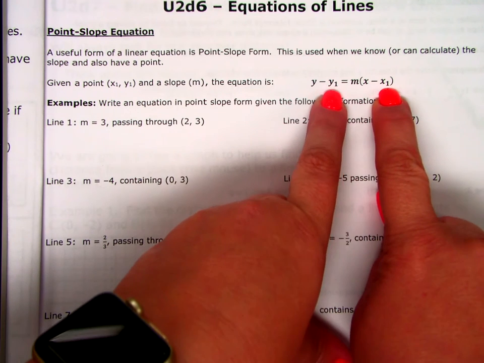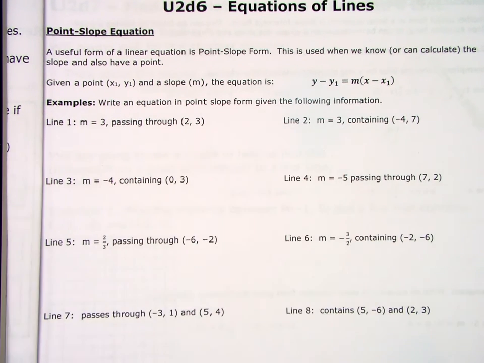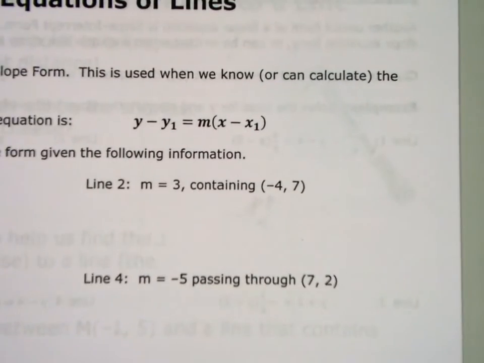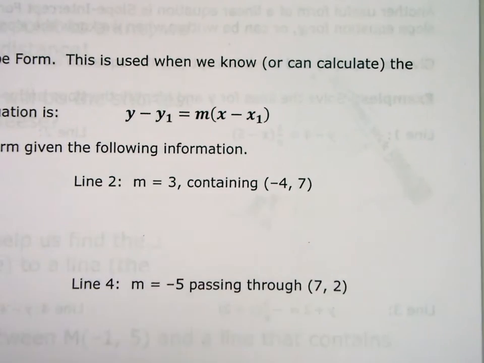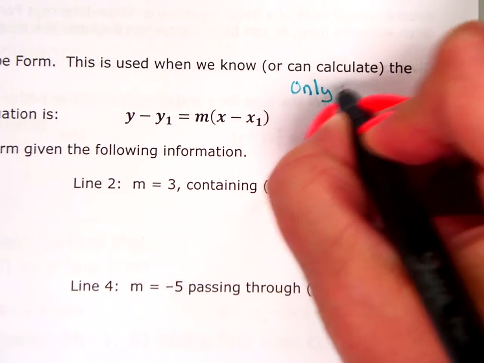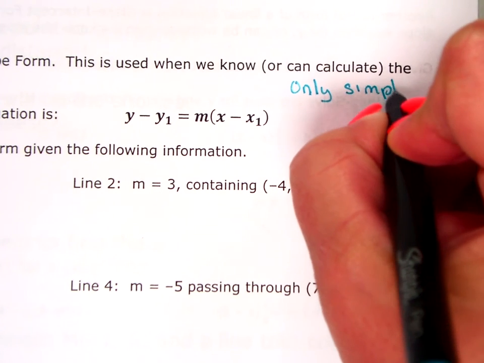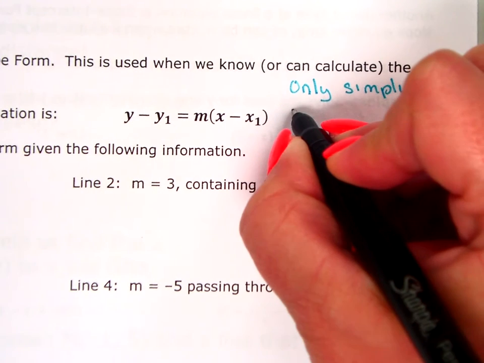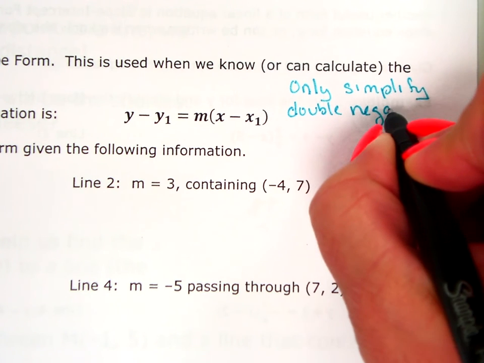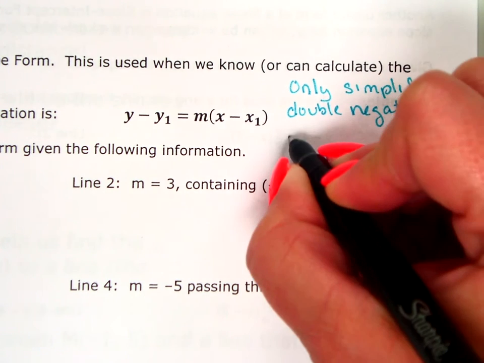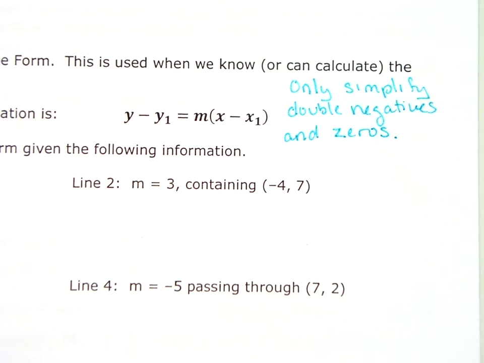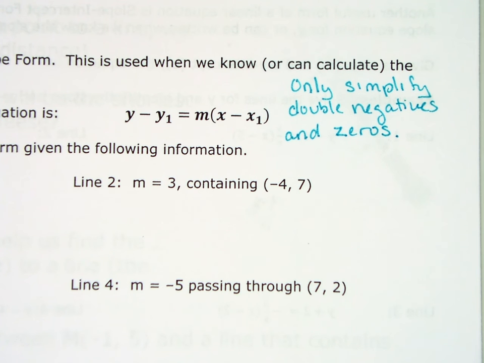There's only two things that you would simplify: double negatives and zeros. And we'll see both examples of double negatives and zeros.